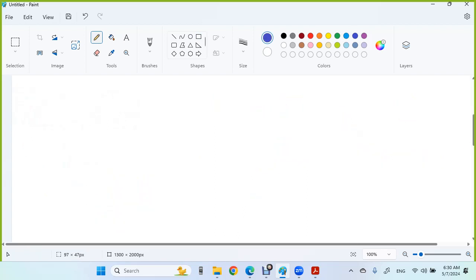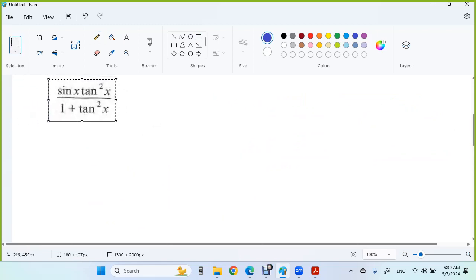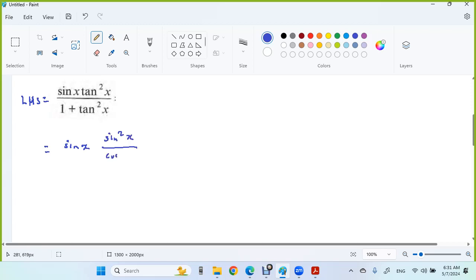For proof identity, some question we have more than one method to solve it. So I can also do it this way: sine square over cos square x, and then 1 plus tangent, so it's 1 plus sine square over cos square x.